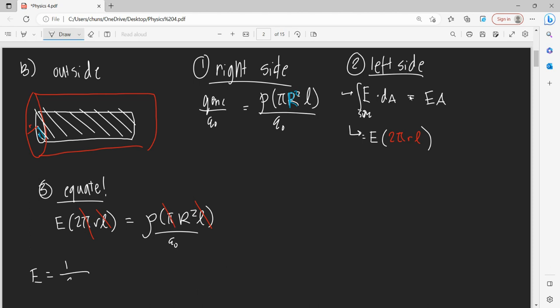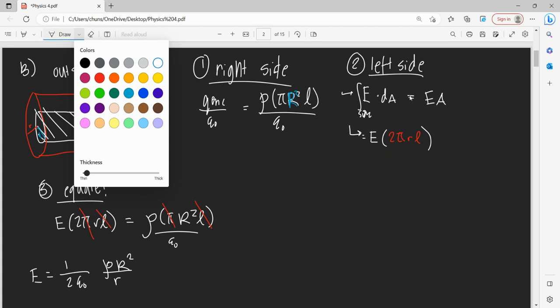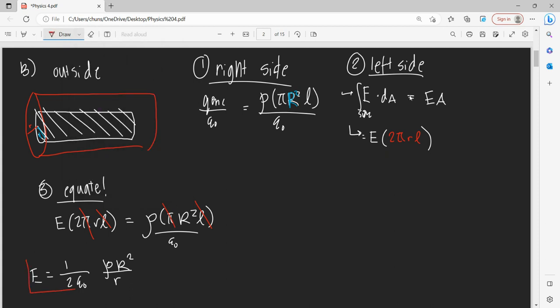So that's 1 over 2 epsilon naught times rho capital R squared, and that's divided by little r. So then this is our second equation for part B.